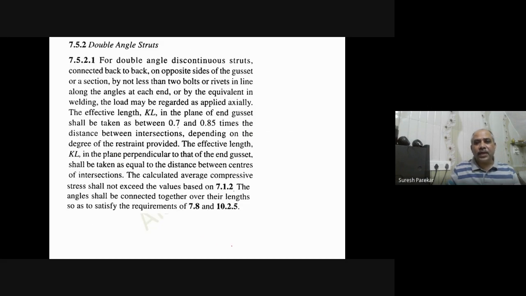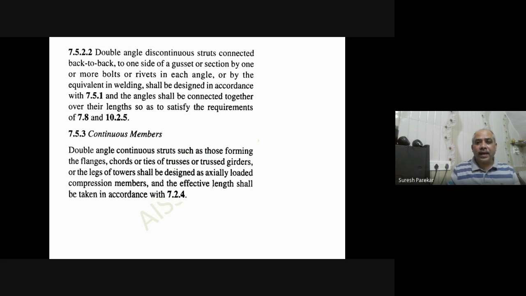In this one, the value of K is again between 0.7 to 0.85, and the effective length KL in the plane perpendicular to that of the end gusset is the same as for a single angle section. Then there are double angle discontinuous and double angle continuous struts.